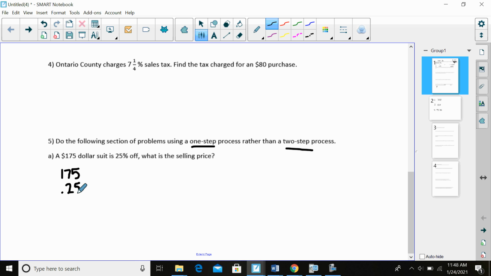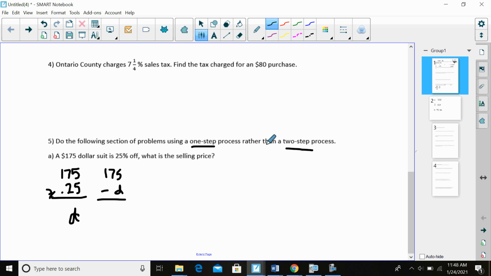You would find the discount, and then you would take the discount. I'm going to call this D, the discount, but then you would do 175 minus D, right? That's probably how you learned how to do these, way back in like 6th and 7th grade.